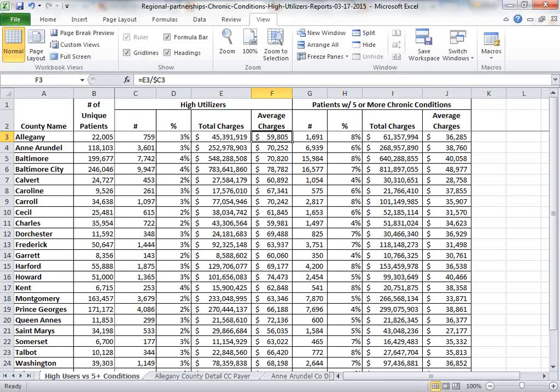So we would want primary care physicians focused on both high utilizers and patients with multiple chronic conditions. But for those patients with high utilization, we may have additional support resources like case managers helping to really manage the situation with the patient, because it has accelerated to a point where they need additional support, more than we could possibly expect the primary care office to provide. So that's how they relate to each other.